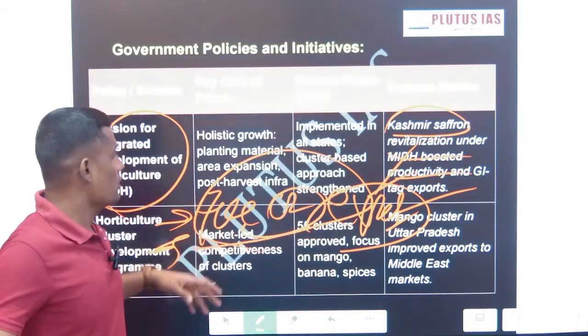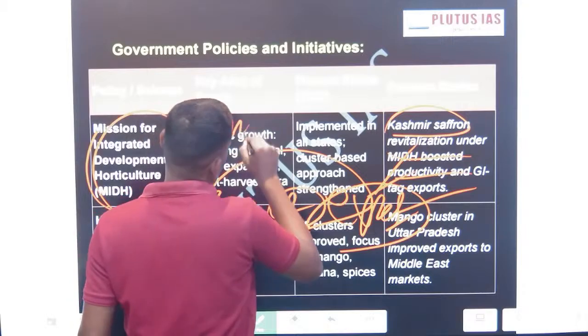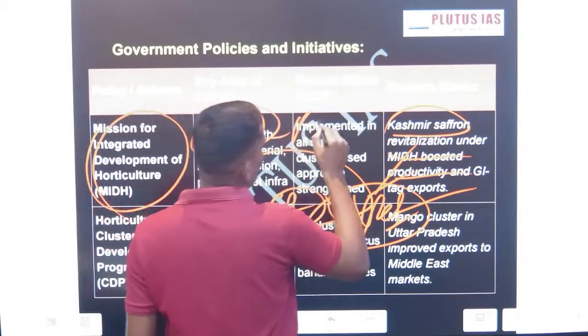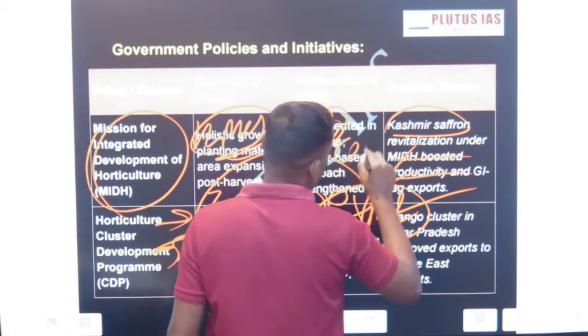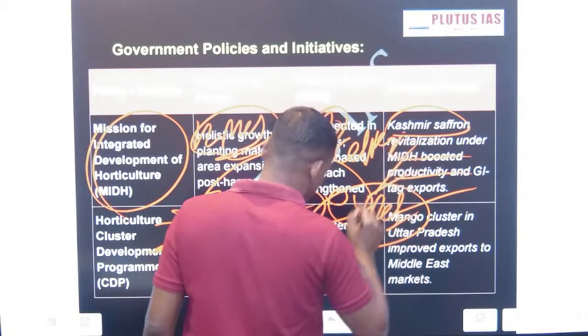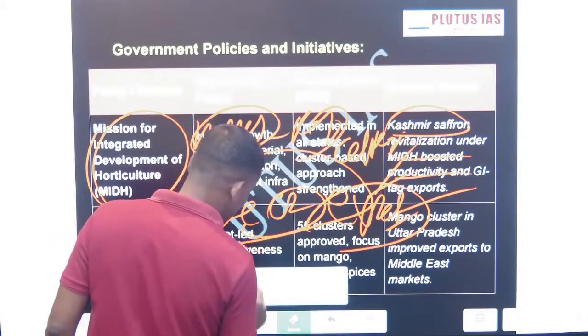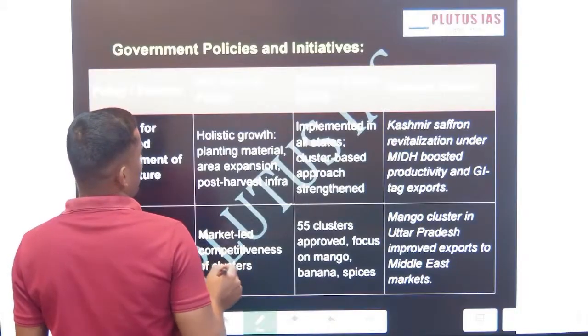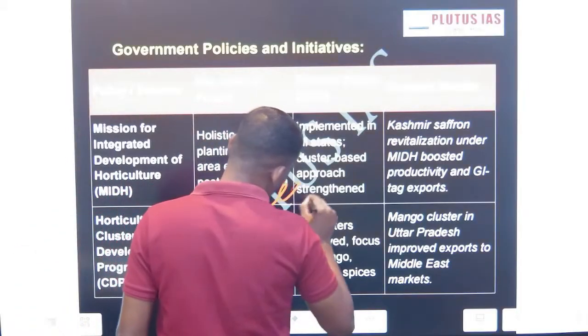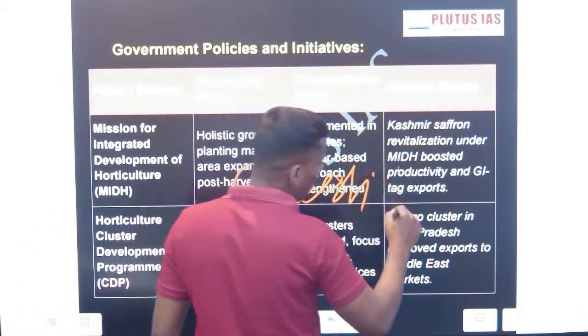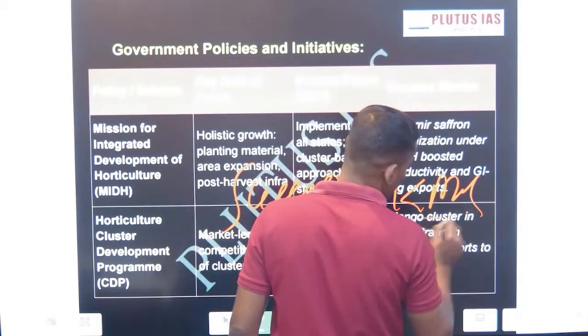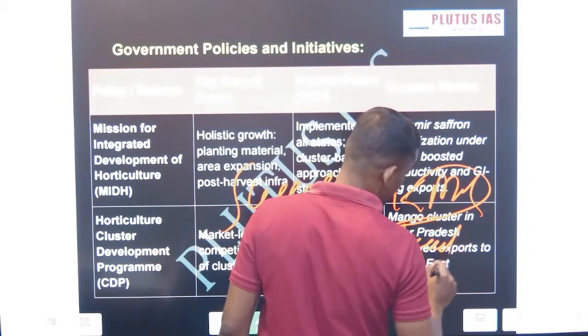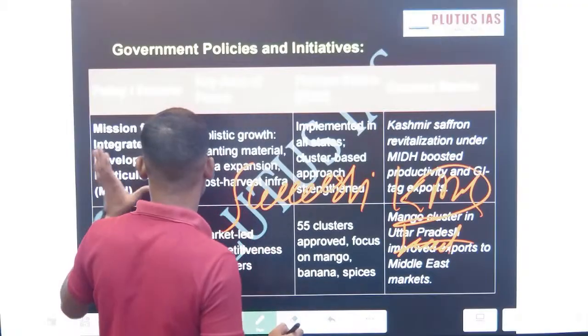Okay, the Kinnaur apple is far better than the California apple. There is always a comparison between the Kinnaur apple and the California apple. So we are focusing on Swadeshi, so we can prefer the Kinnaur apple rather than the California apple. Okay, so this is the first, integrated.